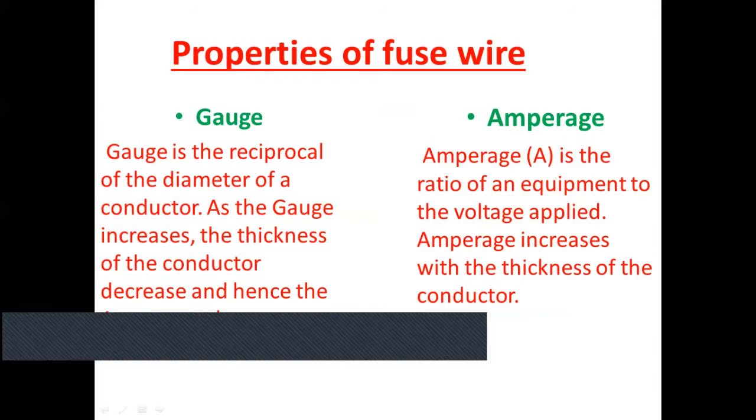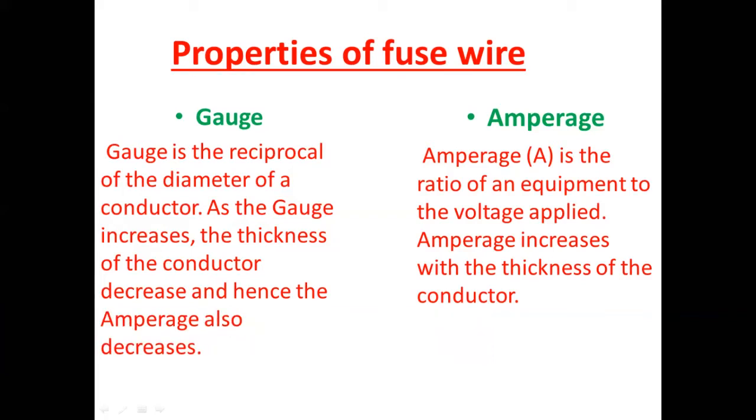Properties of fuse wire: gauge and amperage. Gauge is the reciprocal of the diameter of a conductor. As the gauge increases, the thickness of the conductor decreases, and hence the amperage also decreases. Amperage is the ratio of the equipment to the voltage applied. Amperage increases with the thickness of the conductor.